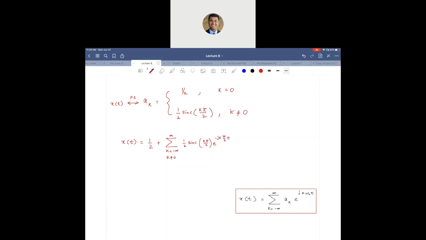So we have essentially expressed x of t as a summation here. Now, one problem here is it is not equal, it is an approximation. So I'm going to be using the approximation sign here.